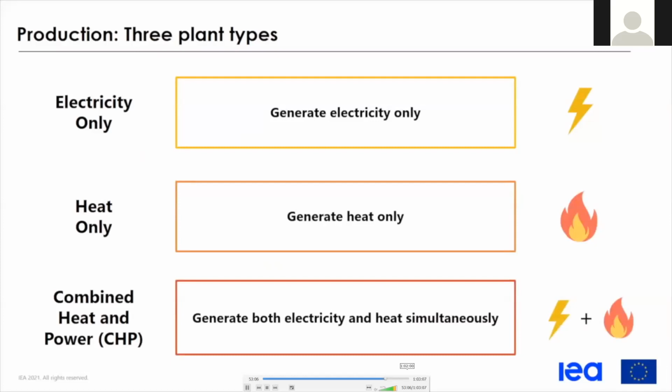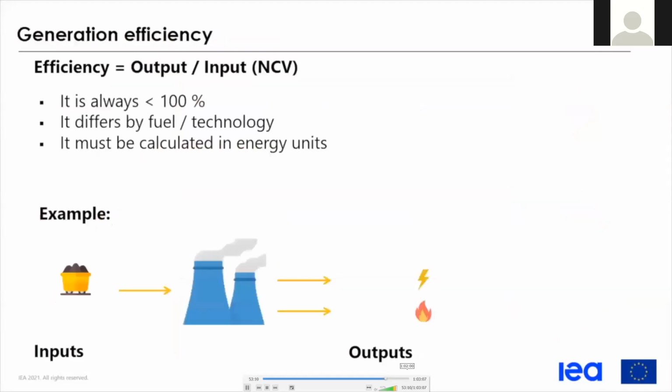Now that we have seen the distinctions we can make in the data, let's talk again about efficiencies. If we insist on this in this presentation, it's because efficiencies are important to keep good track of your data sets and check the quality of your data set.